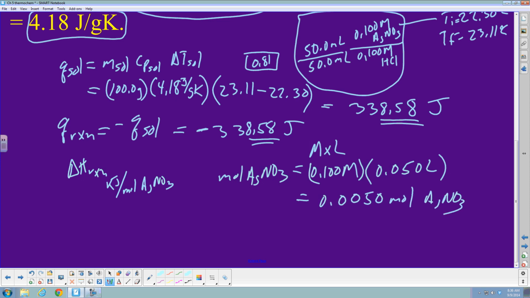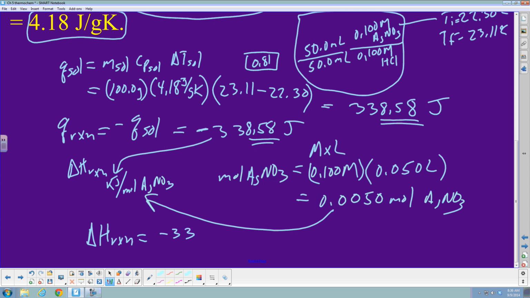What am I going to do then? This becomes my denominator. This comes up here. So my delta H reaction equals a negative 338.58 joules divided by 0.0050 moles. And what do I get? Divide that by 0.005.